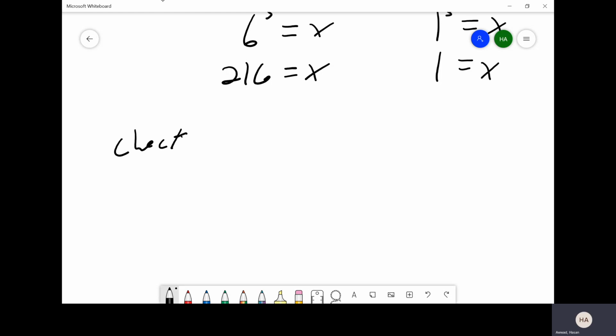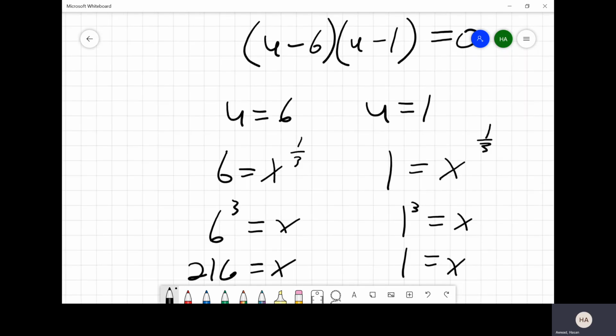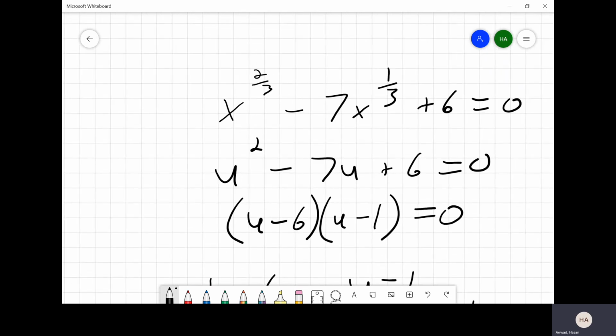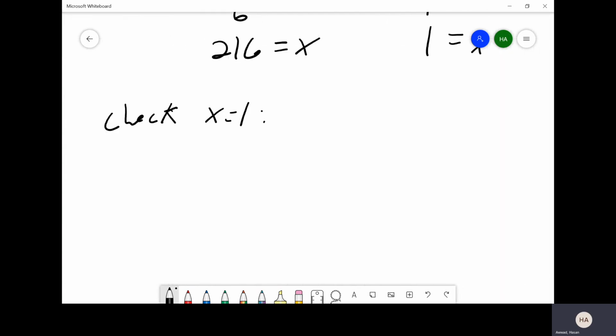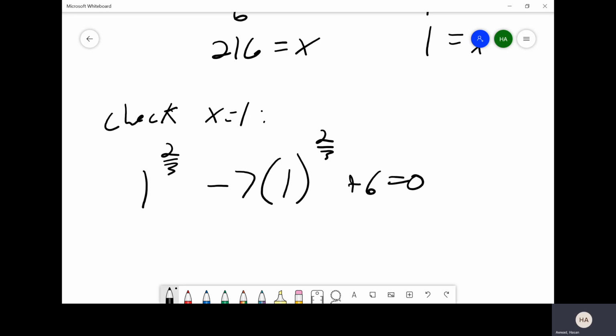So check x is equal to 1 first. This one will be really simple, right? So wherever there was an x, when we're doing our check, we're plugging in 1. So we have 1 to the 2/3 power minus 7 times 1, once again to the 2/3 power, plus 6 is equal to 0.